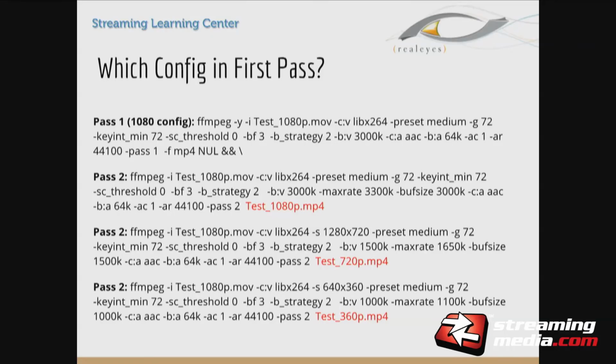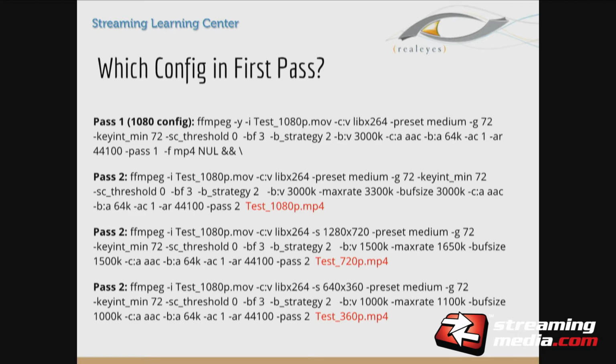So here's an example where we're producing 3 files in our adaptive group. One's 1080p, one's 720p, and one's 360p. What we're seeing here is that in pass 1, I'm using the 1080p config, which means there's no size change, and you see all the commands that we've talked about.